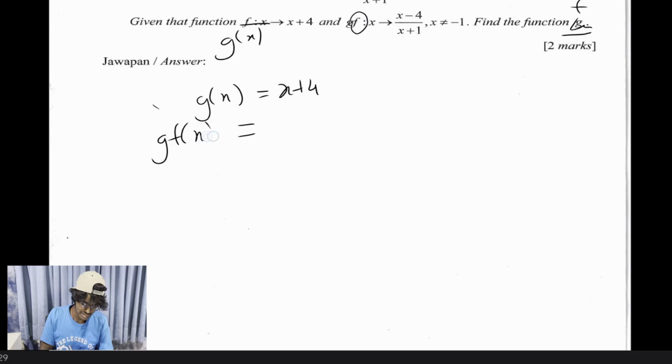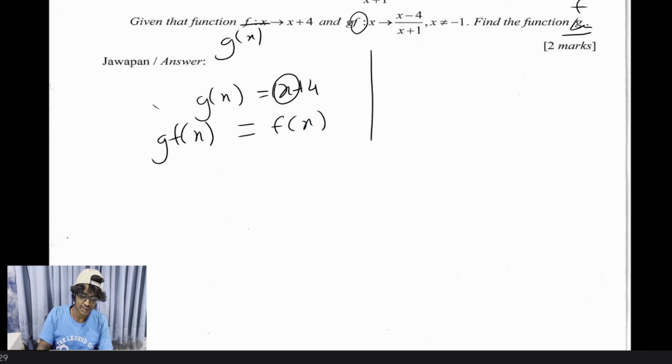g(f(x)) would basically mean we are putting f(x), whatever that is, into this x here. So just follow me step by step. g(x) is x plus 4, and if we put f(x) into g(x), this x will become f(x).